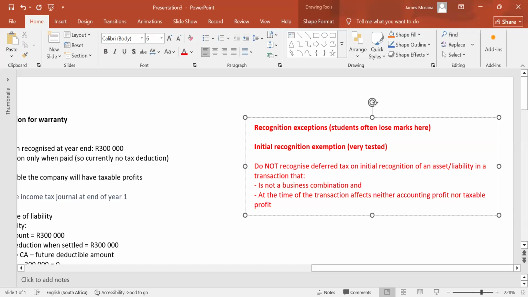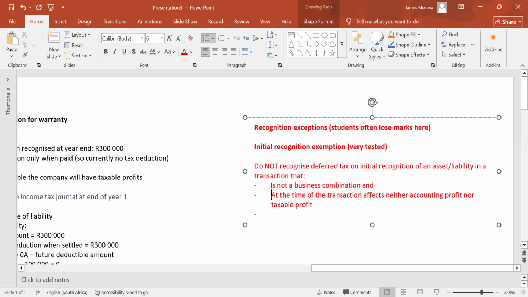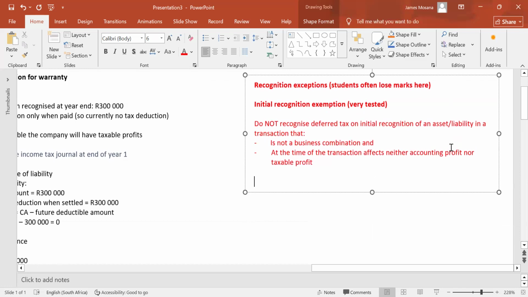So now, let me just give a common example that is being used. This is the common example that you will be faced with.